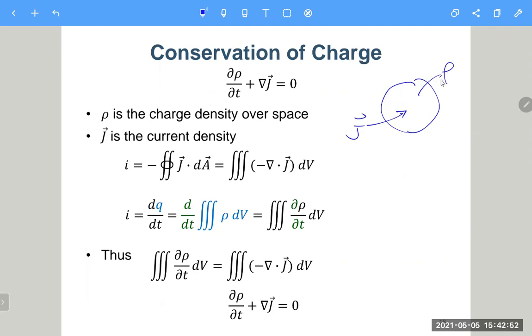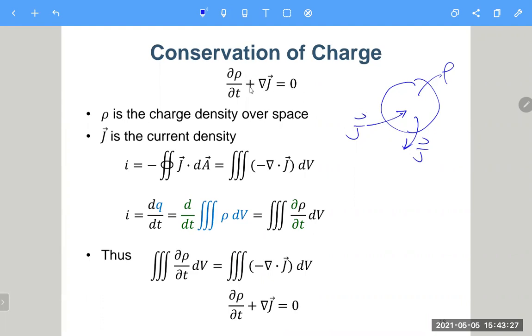Otherwise, if rho is decreasing, there should be some J flowing out from this region to make the charge density decrease. So we have the plus sign here, which means this is the charge going in or going out. Generally, we have the plus sign for going out and the negative sign for going in, which is actually the same.